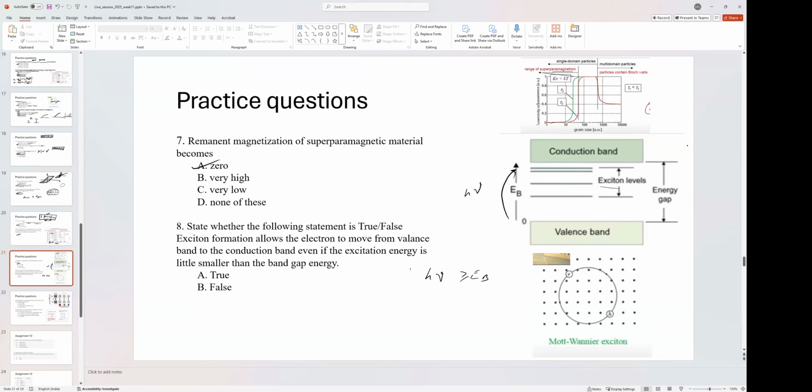However, when you have your exciton level, which is smaller, with energy less than this h nu, E_g, your electron can still move from valence to conduction band. True.